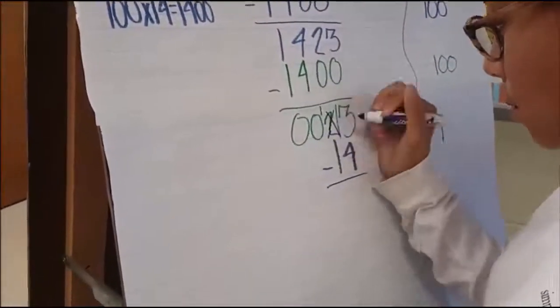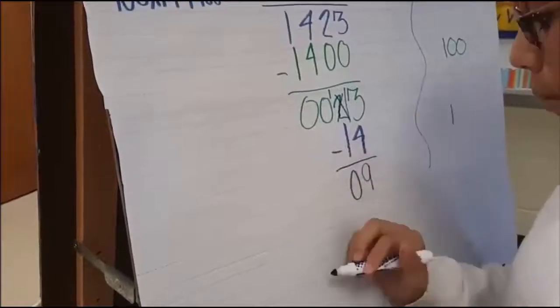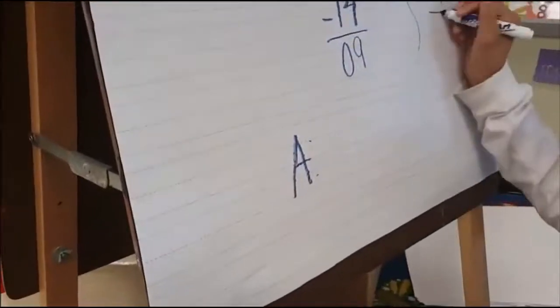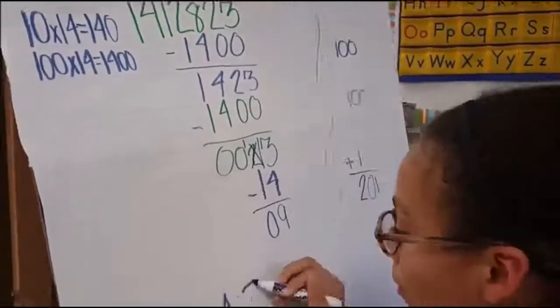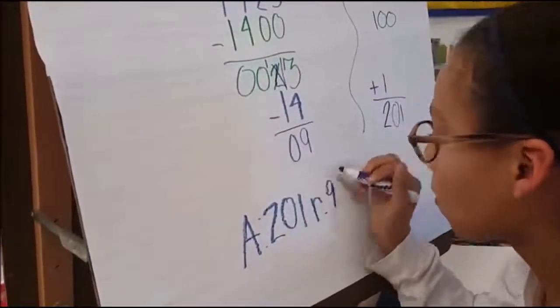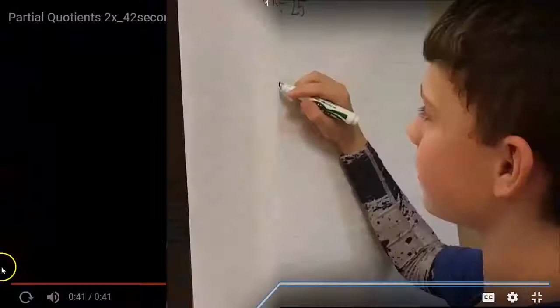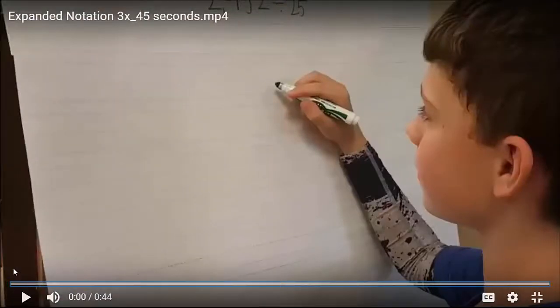To find the total quotient, she'll add all the partial quotients at the side. Well done, Adrienne.